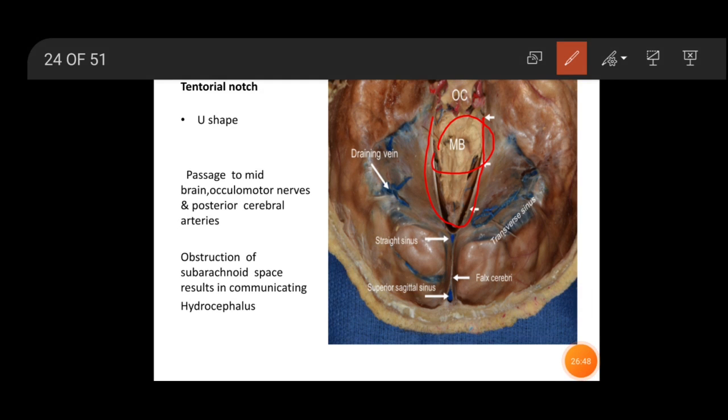So the tentorial notch is a U-shaped structure that gives passage for the midbrain, oculomotor nerves and the posterior cerebral arteries. The obstruction of the subarachnoid space at this level can result in communicating hydrocephalus.